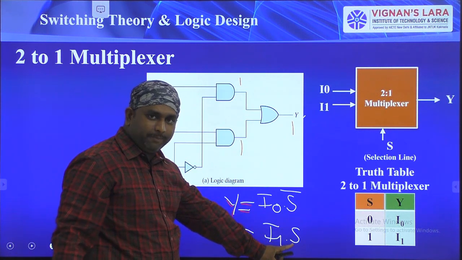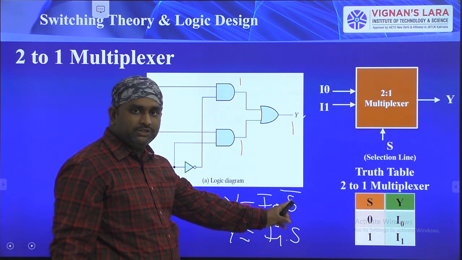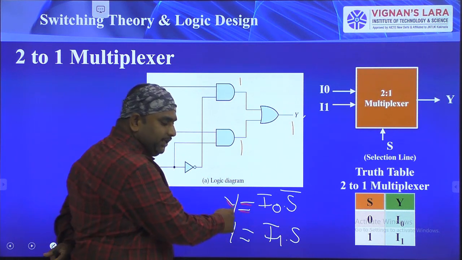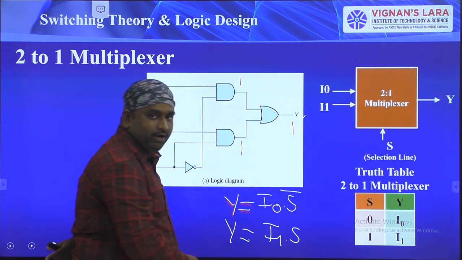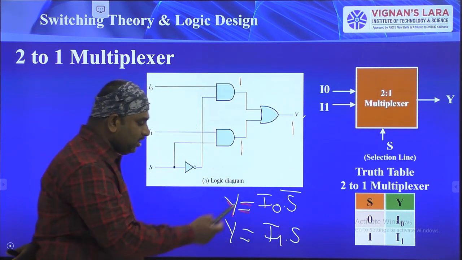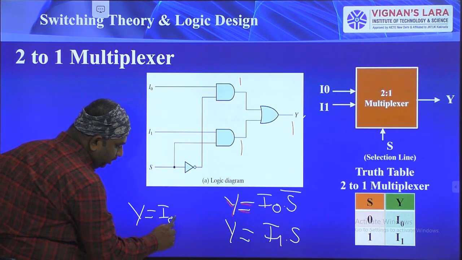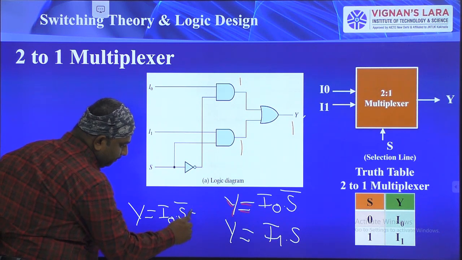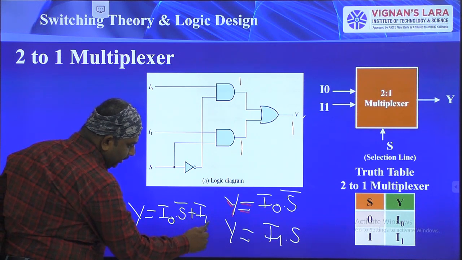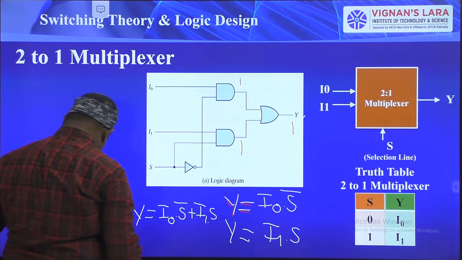S value here we are representing 1, here S value we are representing with 0. So Y is equal to I0 S bar, otherwise Y is equal to I1 S. So finally, I am writing Y is equal to I0 into S bar plus I1 into S.